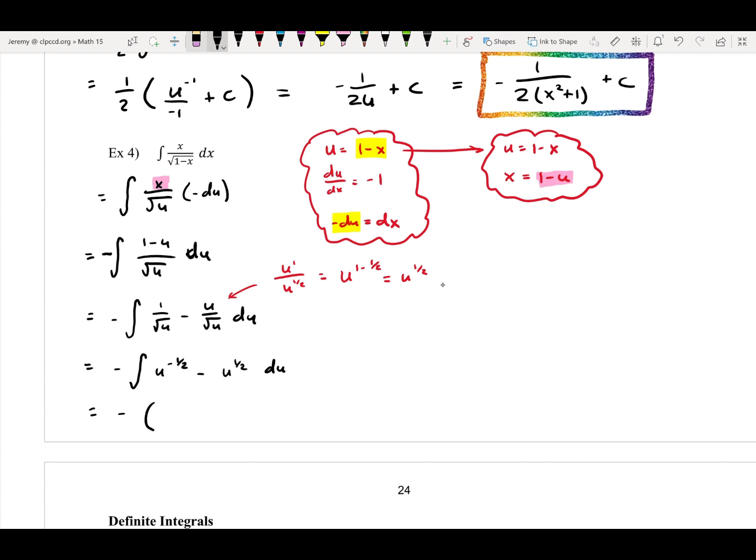I could get antiderivatives. This is going to be u to the positive 1/2 times 2 over 1. So that was adding 1 to that exponent and dividing by the new exponent. And over here we'll have u to the 3/2 times 2 over 3. And we'll have a plus c on the end.